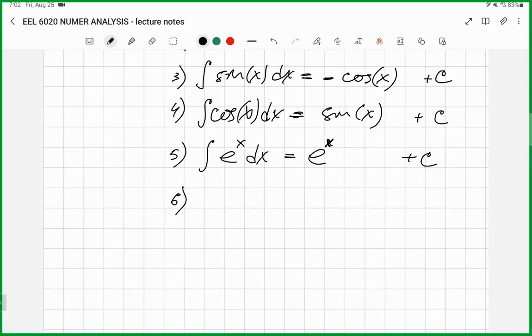So this is for the integral of e to the power of x, and another one is the integral of a to the power of x, where a is arbitrary, dx. So apparently we get a to the power of x, but then divided by the natural logarithm of a.